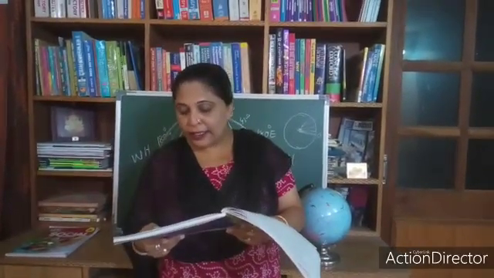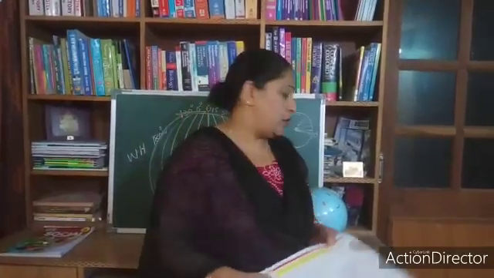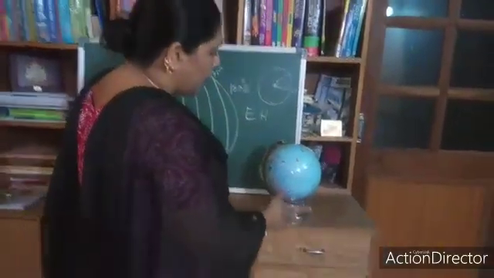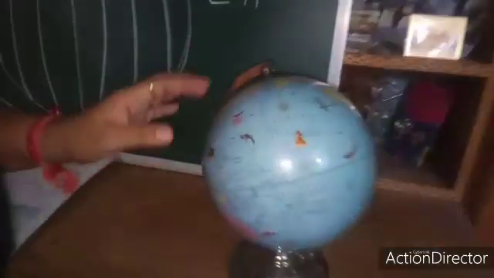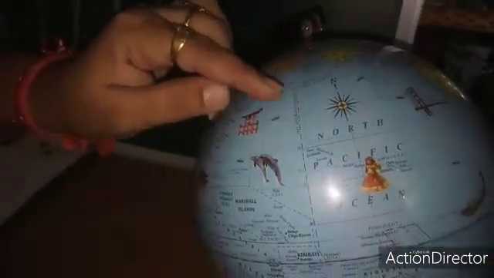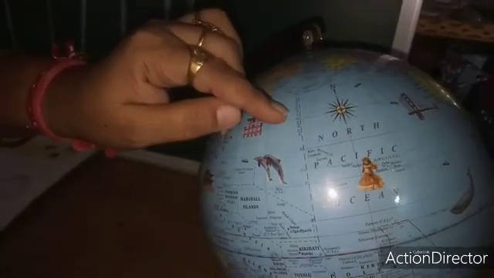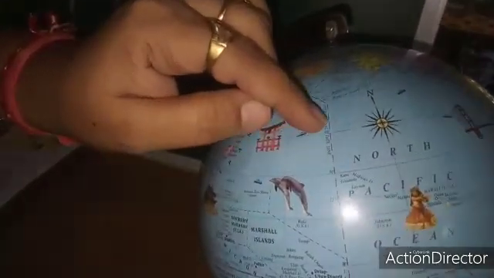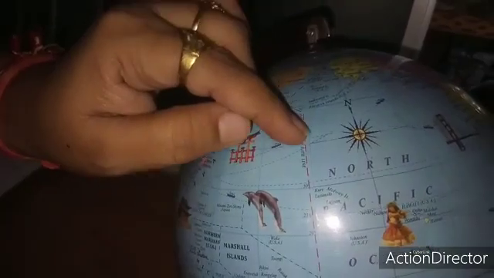It is here that each calendar day starts and ends. Suppose a ship is here on Tuesday, and after 5 minutes or 5 kilometers the ship is going to enter here. This is the international date line.